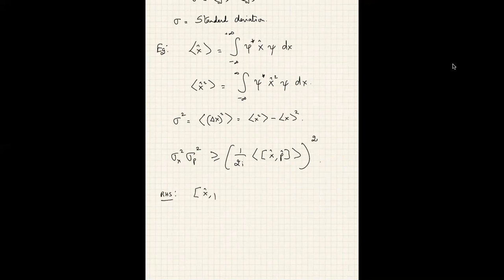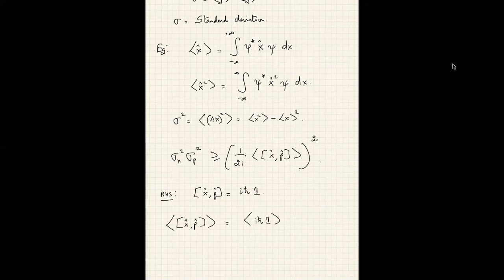You know by now that the commutator of x and p is nothing but i h bar times the unit operator. So what is the expectation value of the commutator? In any state, this is nothing but the expectation value of i h bar times unity.